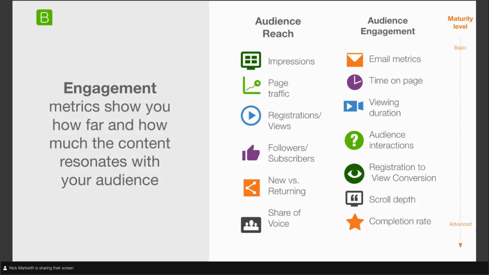And so understanding how your audience is engaging with your content, and looking at how they find the content, through say email metrics, for example, all the way to time on page, which is often a very common metric I see to determine effectiveness of content, are all good and interesting.